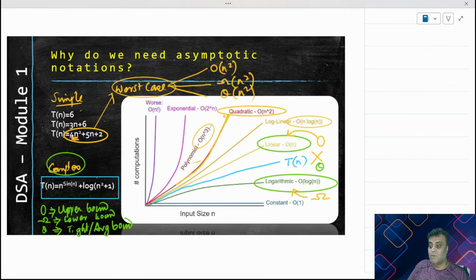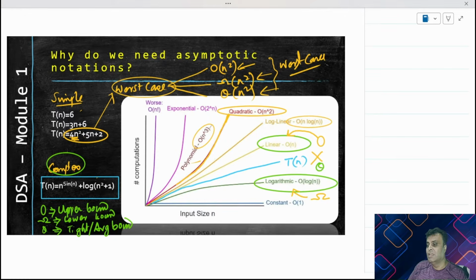So basically your upper bound is n square, your lower bound is n square, and your average or tight bound is also n square, which is why you write order of n square, omega of n square, theta of n square, because all of these represent worst case upper bound, worst case lower bound, worst case average bound.